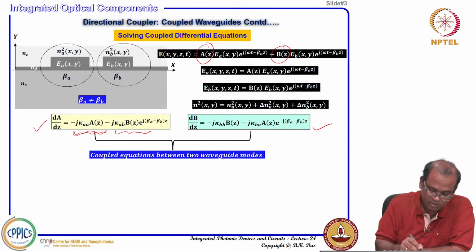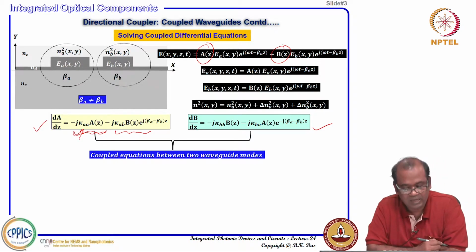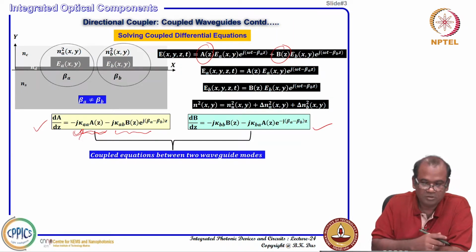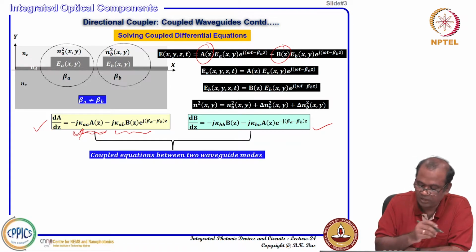That means the evolution of mode amplitude A in waveguide A because of some coupling coefficient kappa AA in that waveguide itself. It can be considered as a term related to its own perturbation in waveguide A.